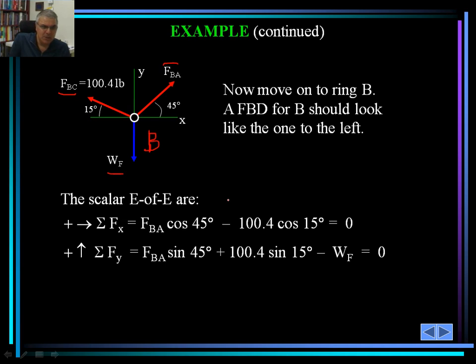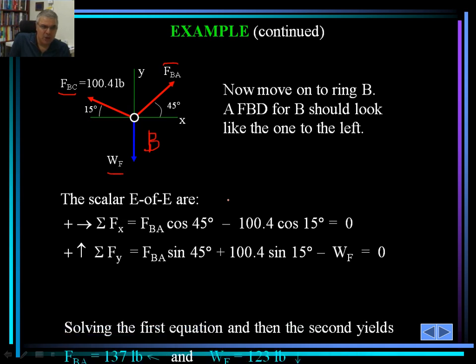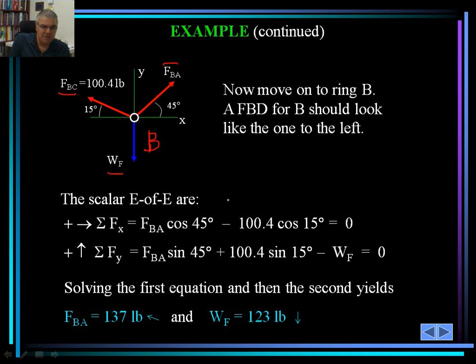We have two equations, two unknowns. We solve these two simultaneous equations to calculate the unknowns, which are F sub BA and W sub F. Again, summation of forces in X is set to 0. F sub BA cosine 45 acts in the positive direction of X. That's the X component of F sub BA.